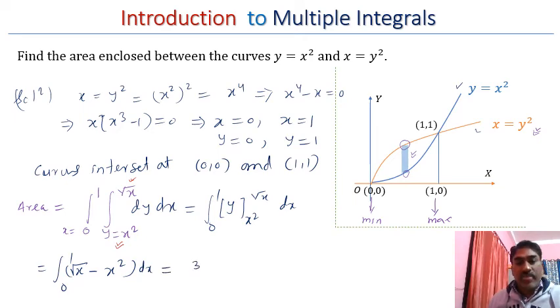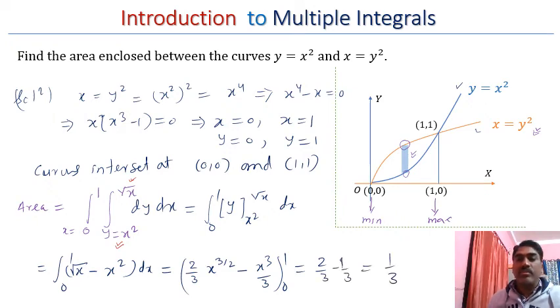This will be 2 by 3 x to the power 3 by 2 minus x to the power 3 by 3, and the limit is 0 to 1. So you get 2 by 3 minus 1 by 3 is equal to 1 by 3. So this is the area bounded by these two curves, and we have evaluated it.